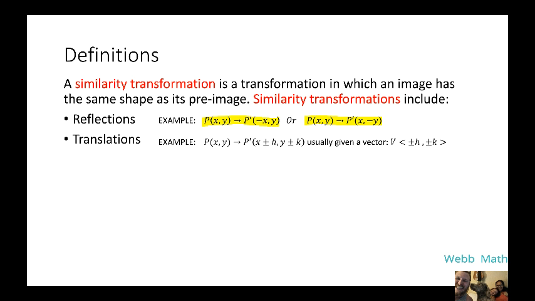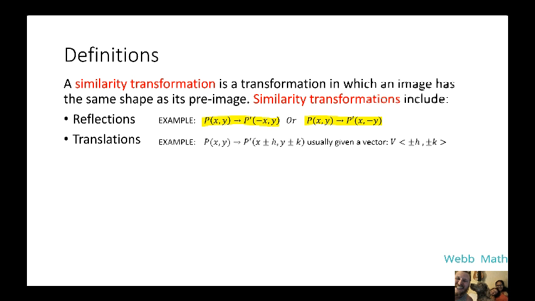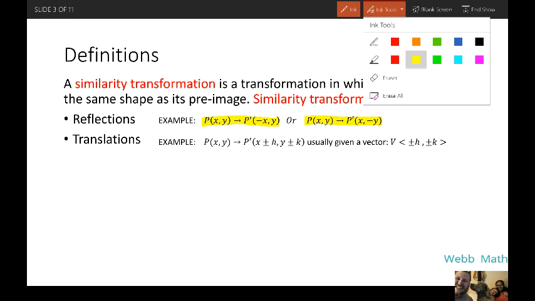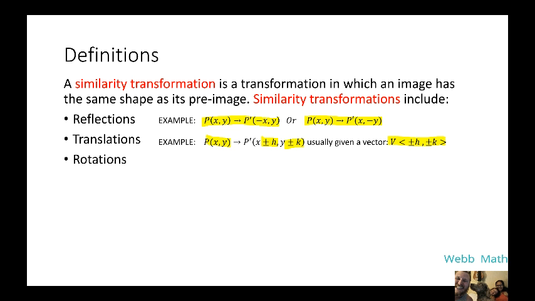Translations. Remember, translations usually give you a vector, some kind of heading, if you will. You take a point, like this one, and you either go left or right, or up or down. Rotations, here's an example.